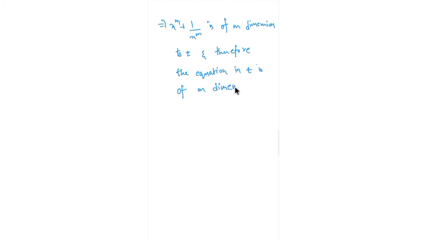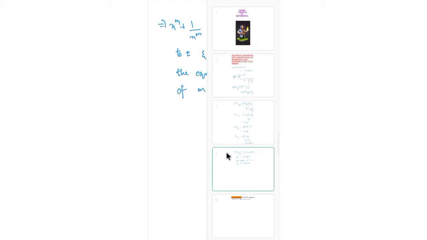So we have got an equation in x power m plus 1 by x power m, which you have made into z, also in the dimensions of m. This is how you need to tackle this problem.